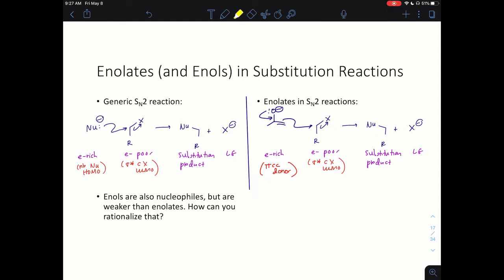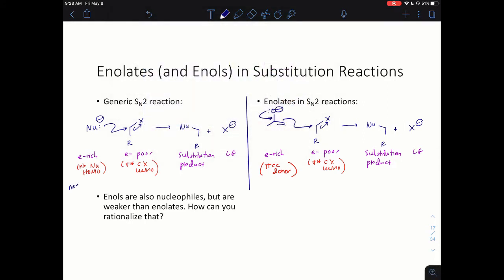In a generic SN2 reaction, we have an electron-rich nucleophile attacking an electron-poor electrophile. So what is occurring is the nucleophile donates its non-bonding pair of electrons to sigma star C-X. That generates a new bond and a leaving group. Let's just recall a couple of things.